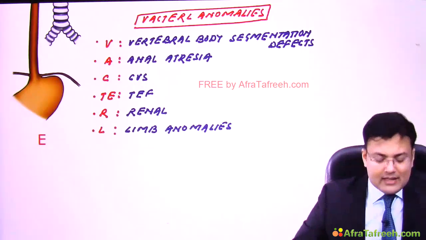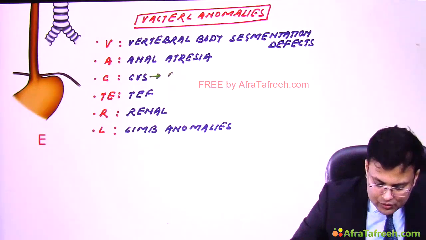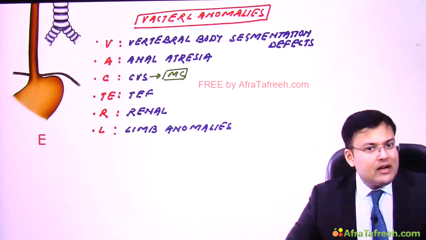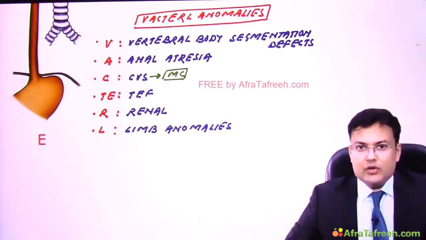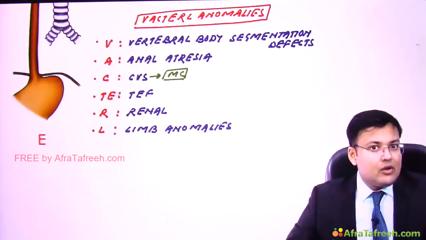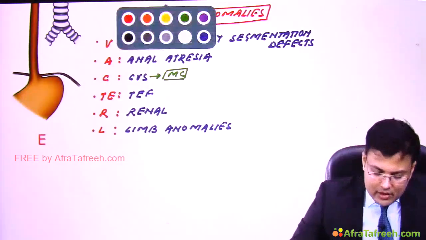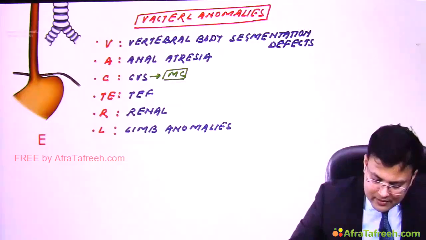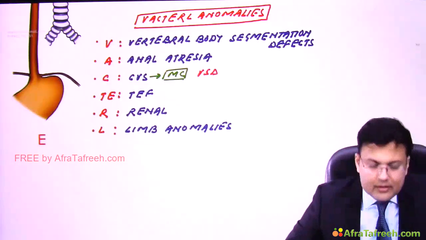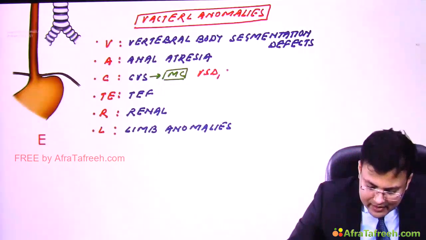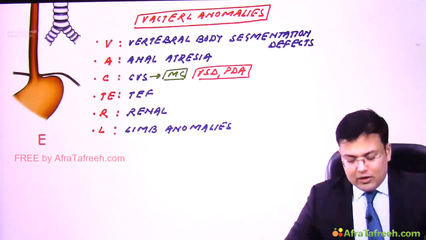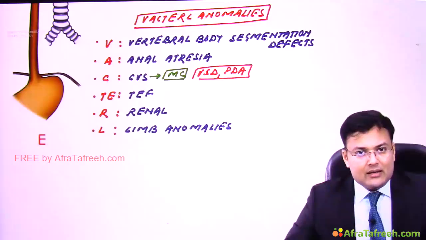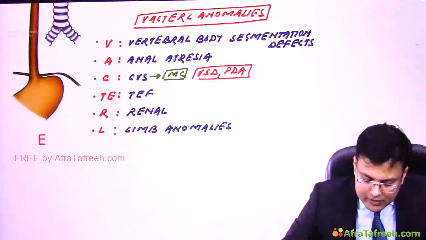Okay, so see the questions related to these anomalies. First, out of VACTERAL anomalies, which one is most common? It's the cardiovascular anomaly which is most commonly associated with tracheoesophageal fistula. Another question, which cardiovascular anomaly? It is generally associated with VSD, ventricular septal defect, and patent ductus arteriosus. Out of these, overall which one is most common?